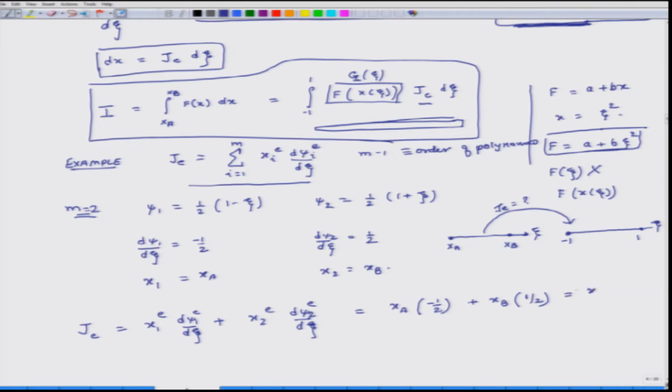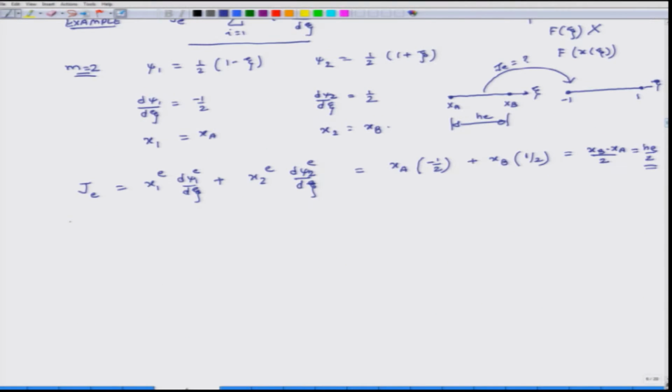This is equal to (xB minus xA) over 2, and that is equal to hE over 2, where hE is the element length. So in this case, the Jacobian is nothing but half the element length of the original element in the x domain. You can try the same thing for m equal to 3 also.